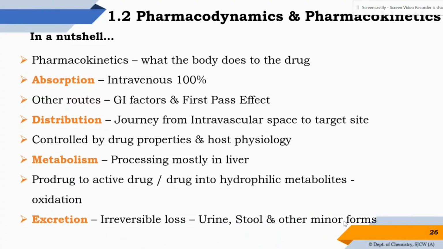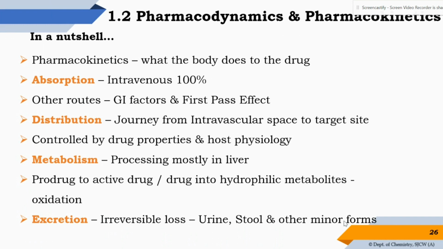In the later part of the chapter on pharmacokinetics, we have seen that pharmacokinetics is the study of what the body does to the drug. It involves the study of absorption, distribution, metabolism, and excretion of drugs. Absorption refers to the entry of the drug into the circulatory system.